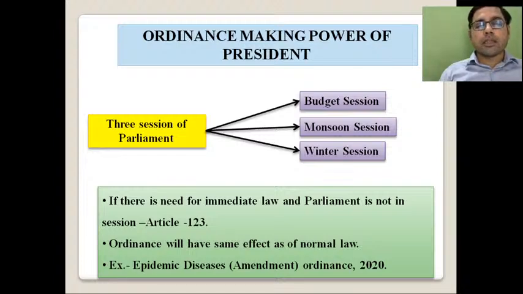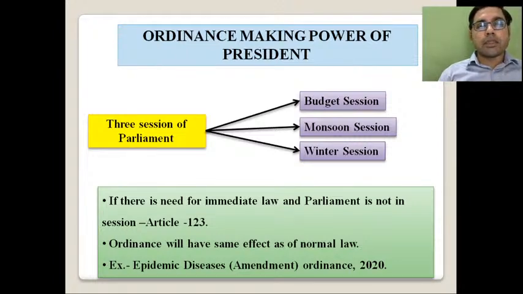So friends, in modern day democracy, you will find that it is the legislature that makes law, and when the legislature makes law, any such legislative proposal goes through an elaborate process, detailed debate, discussion and deliberation over such a bill.